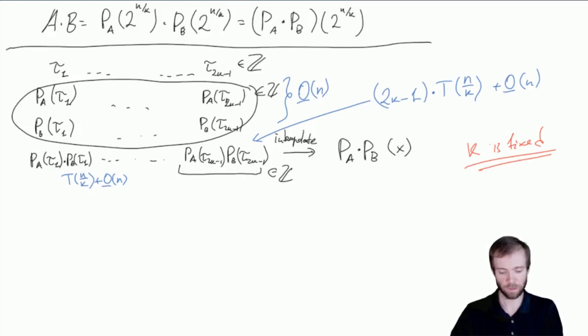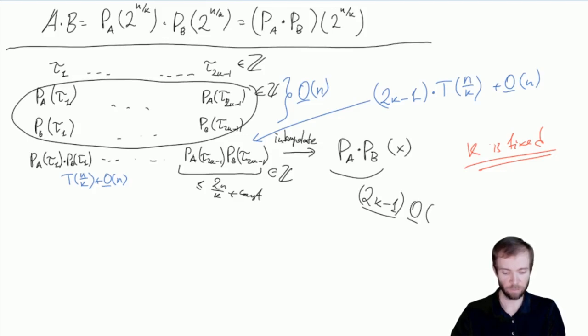Each of these fits into 2n over k plus a constant number of bits, and to compute a linear combination of these kinds of numbers, we need time which is big O of n again. So in interpolation, we need to compute 2k minus 1 coefficients. Computation takes big O of n time, but as k is fixed again, everything fits into big O of n time.